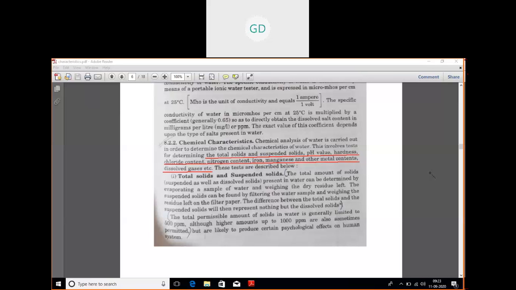There are some ways to measure the total solids or the suspended solids. When you do the lab practical, there are some ways to find out the total solids and your suspended solids.